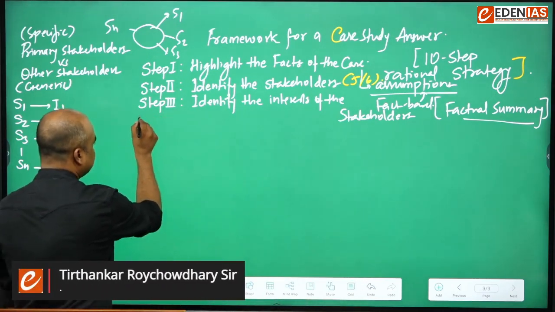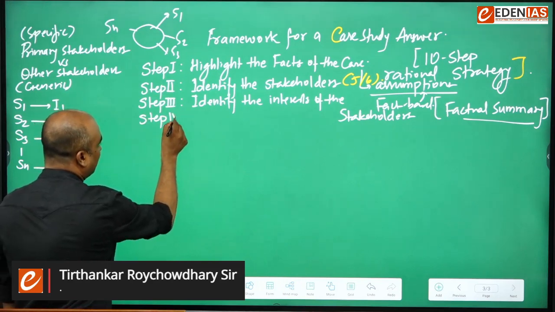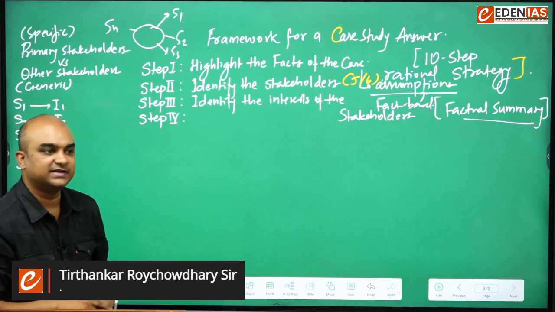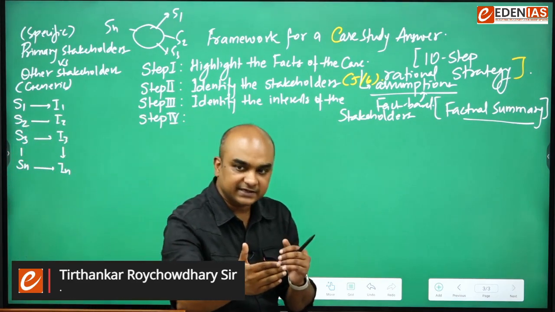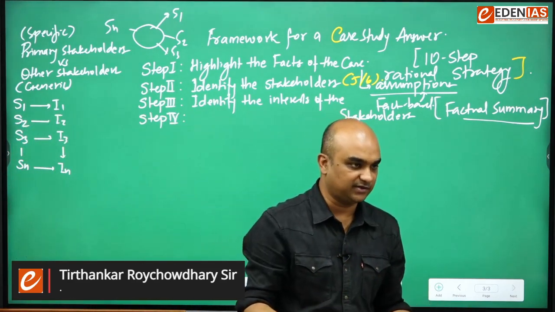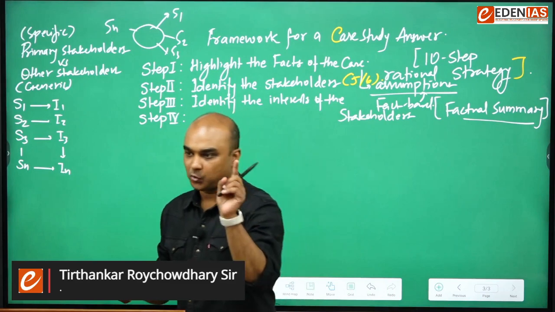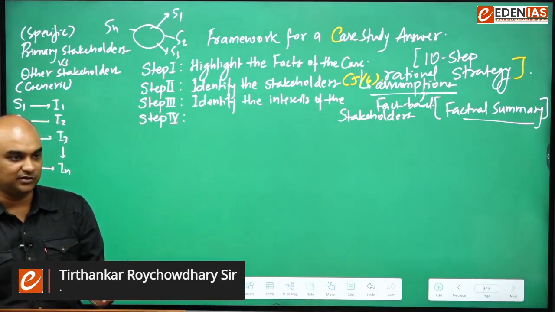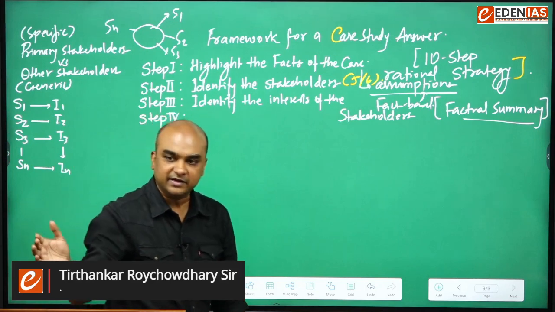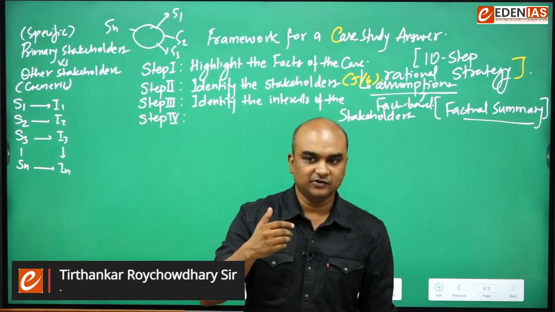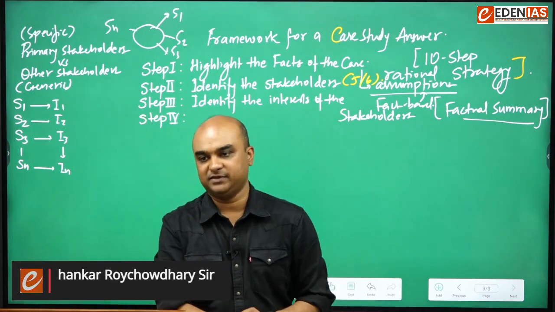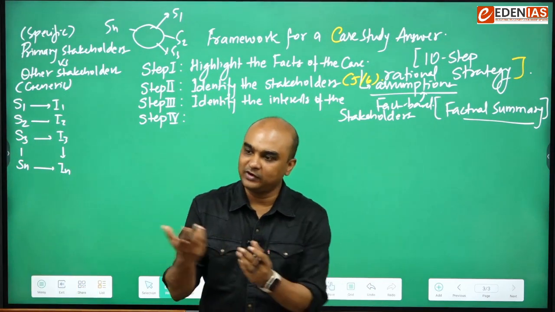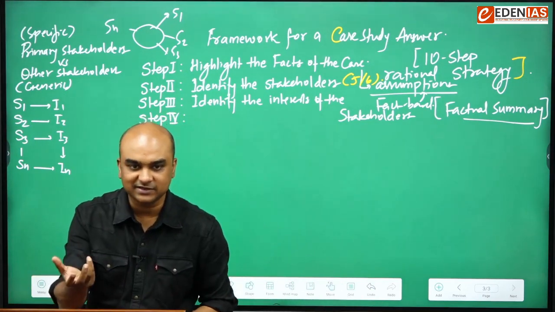Then comes step 4. Once you have identified the interests, there is a possibility that interests might also clash with each other, or the interest of one stakeholder clashing with the interest of another stakeholder. Like say for example, clearing of the forest for the settlement of people. Now people may have the right to own houses, that's their interest.